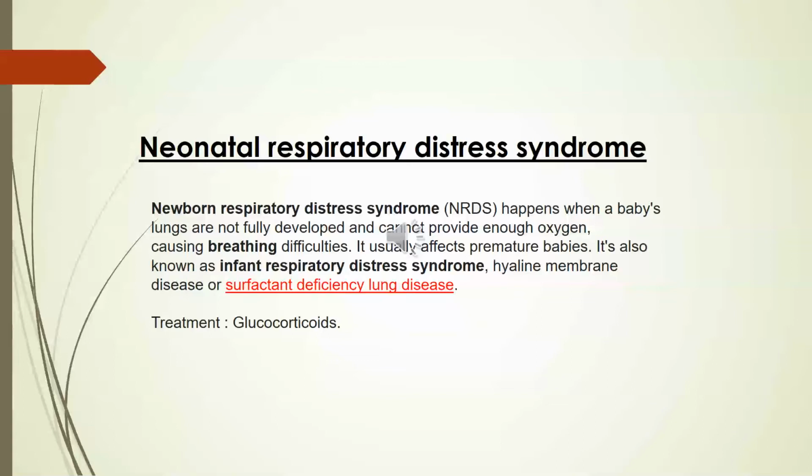It is mainly caused by decreased or insufficient surfactant, so the lung collapses and it is very difficult to breathe. In such a case, the first treatment of choice is glucocorticoids, or cortisone. The cortisone increases the production of surfactant and resolves this problem.